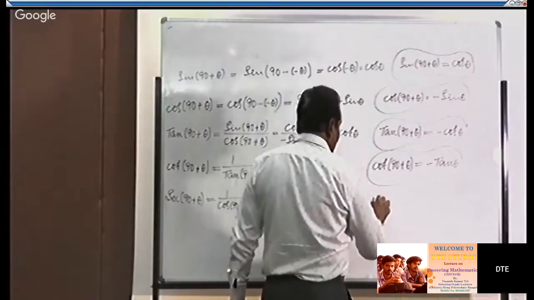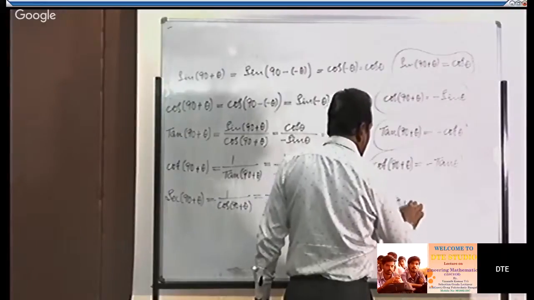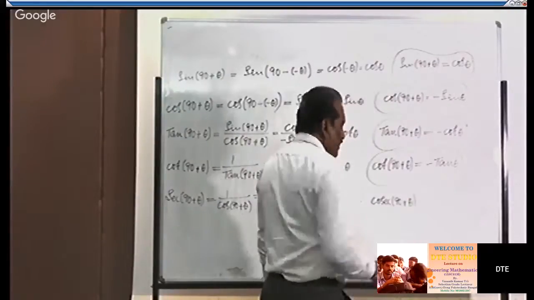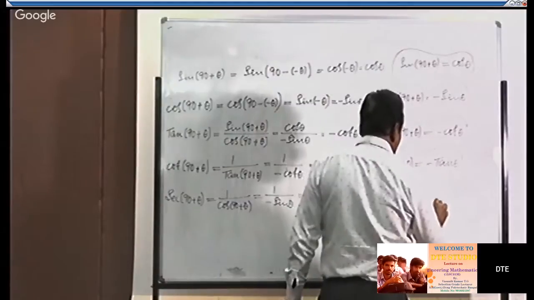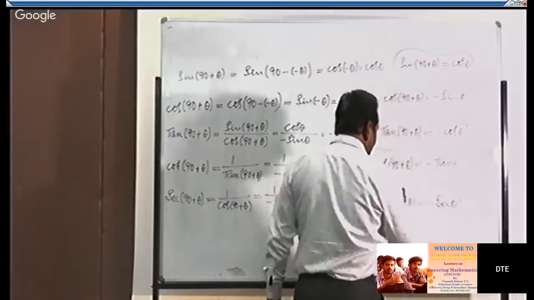Therefore, one can write whenever secant of an angle is connected to 90 plus theta, it is allied to theta on the right hand side in the form of minus cosecant theta.